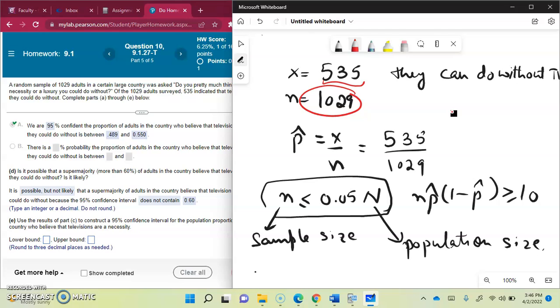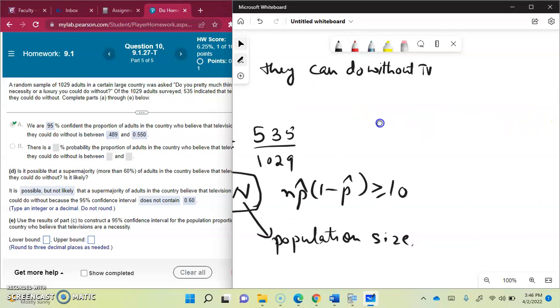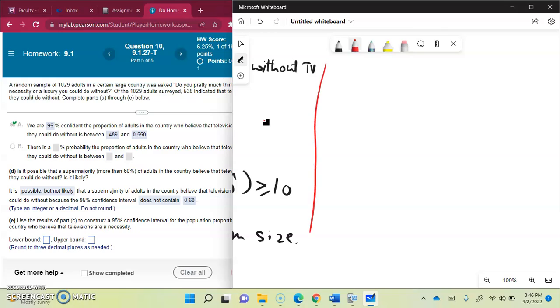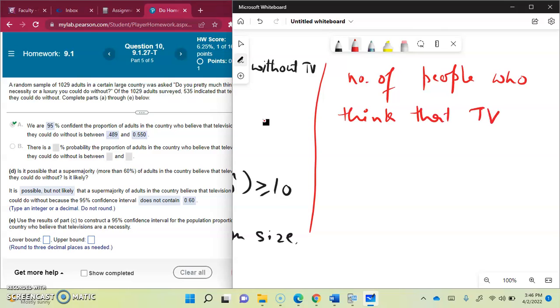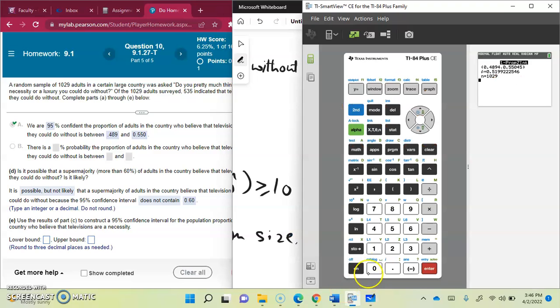Let's try again now in another situation. The number of people who think that TV is a necessity, let's say X, has to be 1029 minus 535, because those are the remaining people.